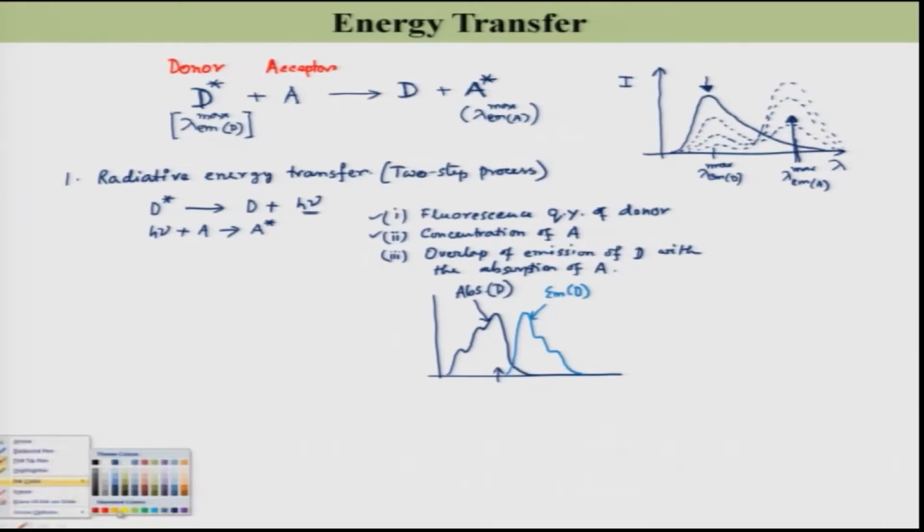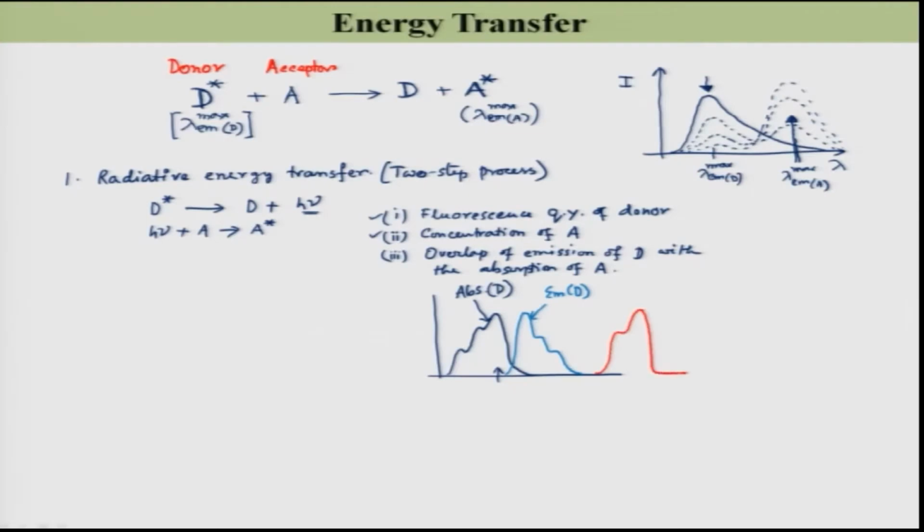Now, if I use another color and draw the absorption spectrum of the acceptor, let us say this is the absorption spectrum of the acceptor. Now, you see the photons which are emitted at this wavelength, this wavelength, this wavelength cannot be absorbed by this acceptor.